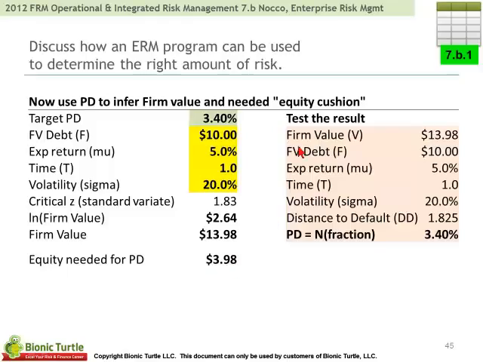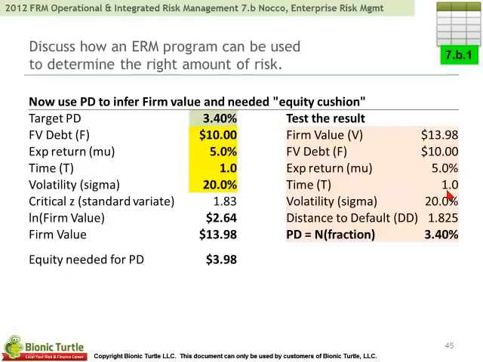In other words, assuming a total debt threshold or default level of 10 million, and then equity of 3.98, the firm would have a value of almost 14 million. So it's about 3.98 above, sort of in the money relative to its insolvency.